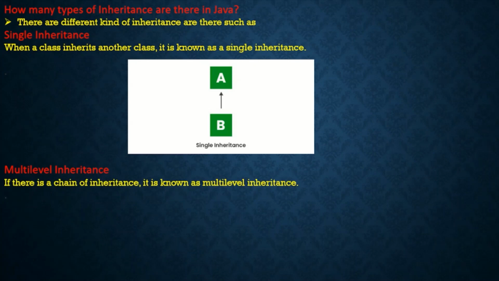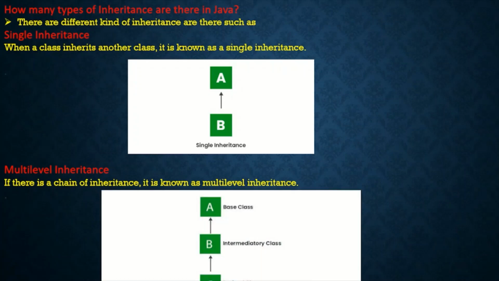C is inheriting from B, B is inheriting from A. That is a chain of inheritance. I have explained the base class, intermediate class, and derived class. A is the base class, and the derived class is C. C class is inheriting from B class, the intermediate class, which is inheriting from A class. I hope this is clear to everybody.